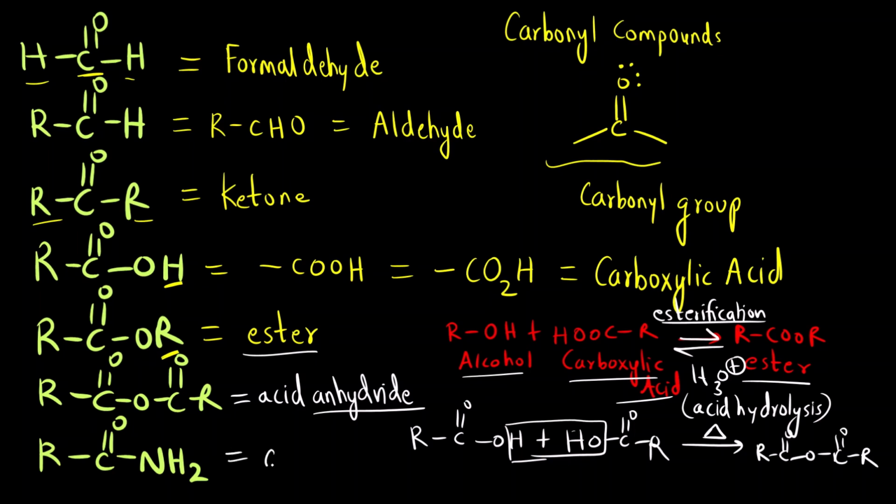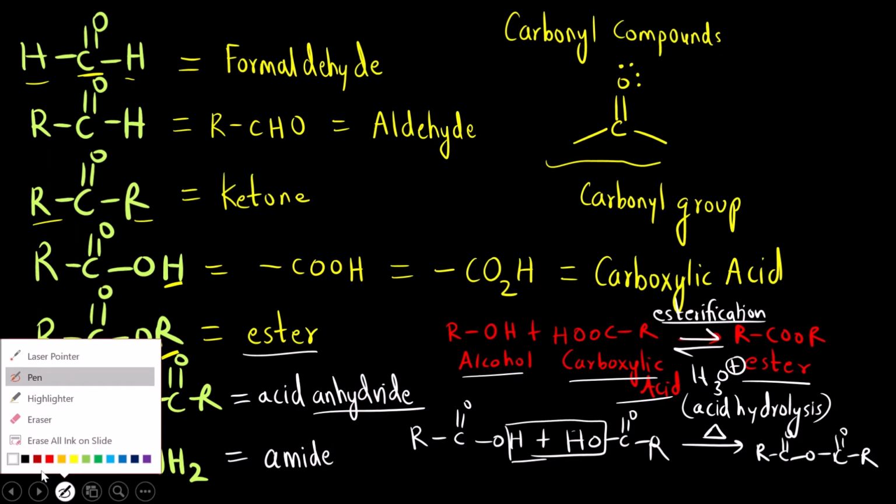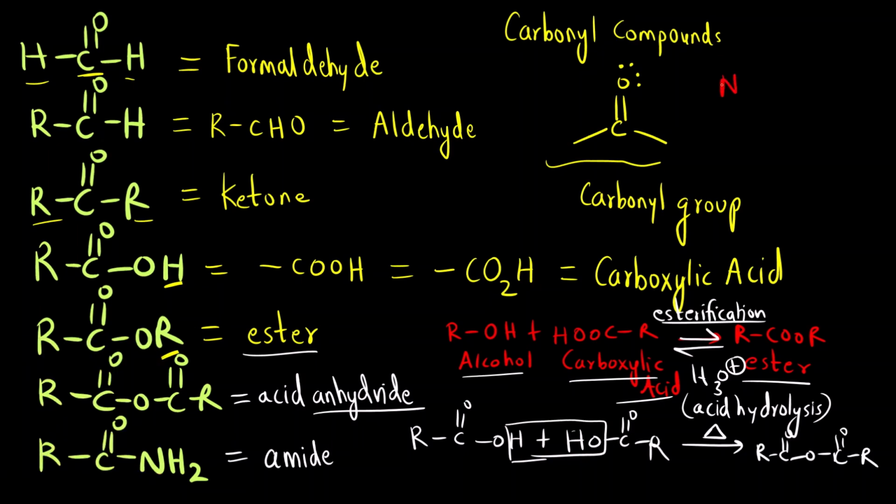Okay, which functional group is this? This is amide. Now, this is very important. You don't have to get confused between amine and amide. NH2 is amine, and RC double bond O NH2, CONH2, is called amide. So you have to be very careful.